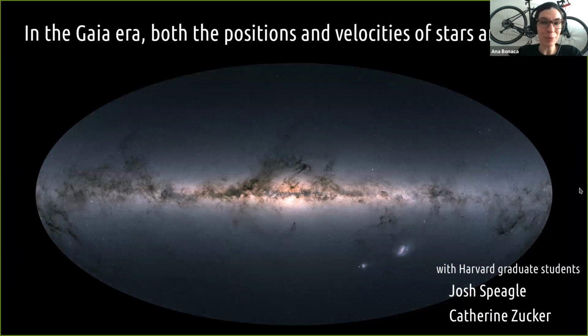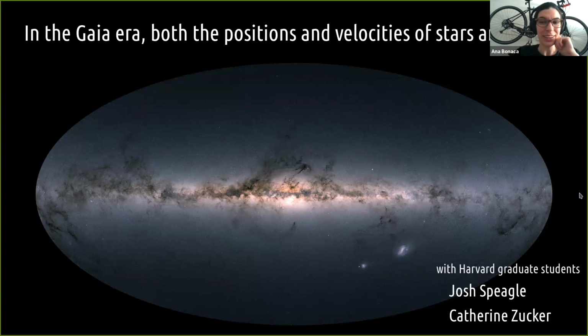So this is an image of the Gaia full sky. It's a space mission imaging the entire sky. It has produced a catalog of almost 2 billion stars, and here it's just showing their colors and brightnesses in the galaxy.